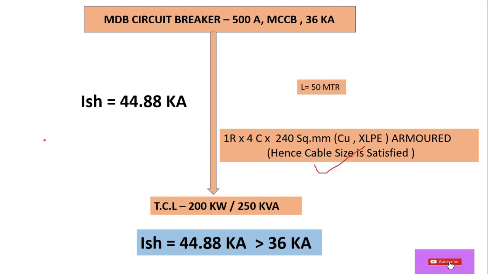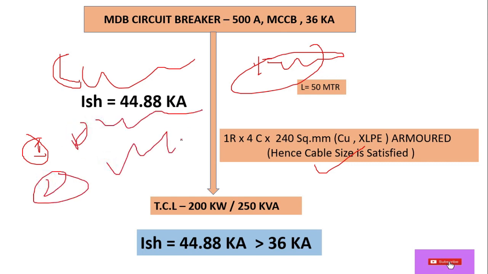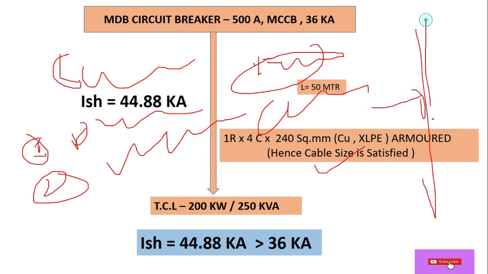Like in the previous video, we cannot calculate only as per the full load current. We have factors like the derating factor, then voltage drop calculation as per the distance, which we have to consider.